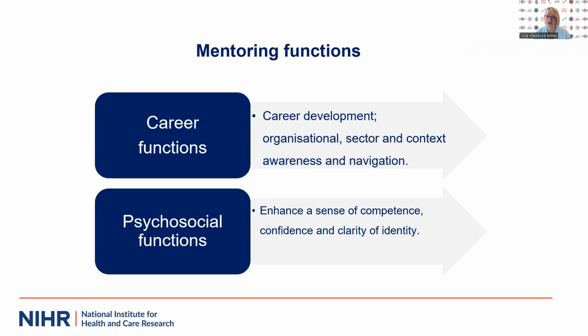So career might include career development, developing awareness of the organisation, sector, role, but also an enhanced sense of competence and confidence, clarity of role identity in the psychosocial functions.